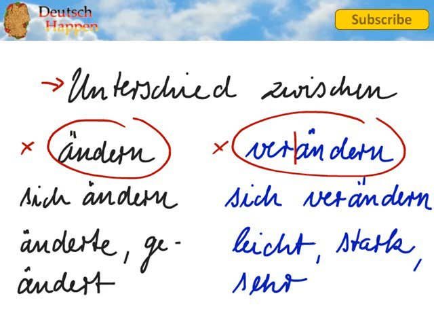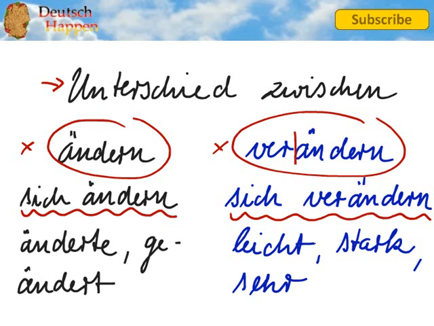They are both also used in the reflexive version. As you can see here, we can also use sich ändern or sich verändern, and you simply have to change the reflexive pronoun. The past forms are also the same, as both are derived from the same root of the verb.